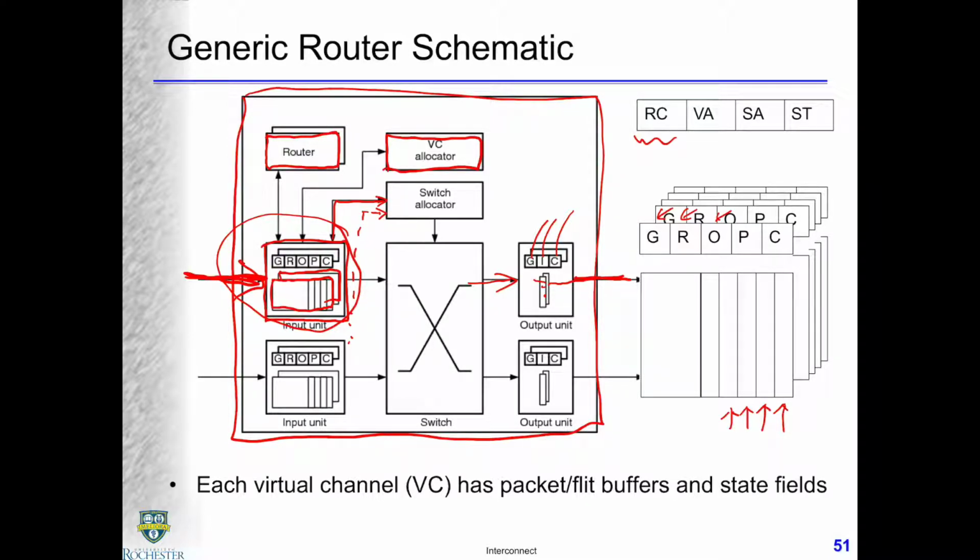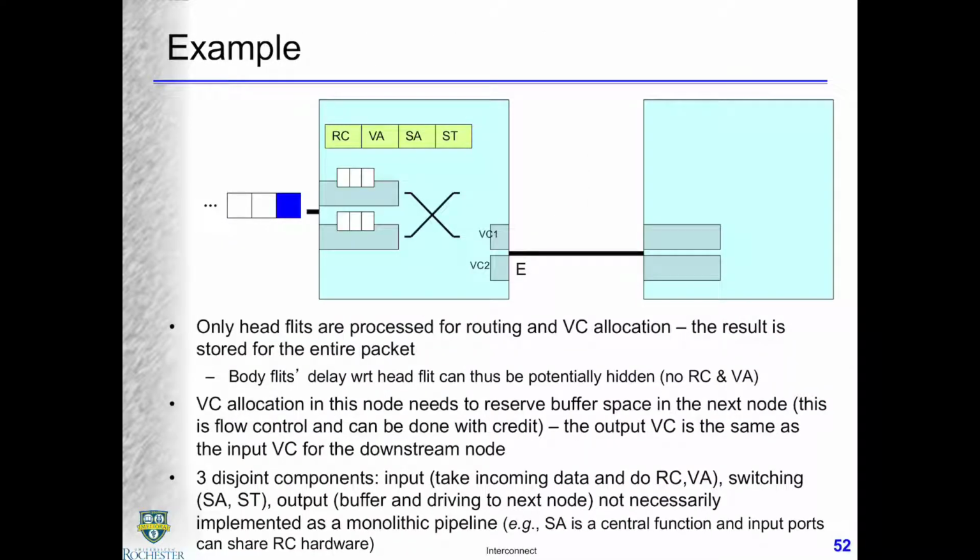Okay. Now let's look at a little bit of cartoon, and let's say I have a packet. The header is shown here in blue, and then some body flits come in. This is already traveling on the wire, so we're looking at this node. Let's say in one cycle it arrives, and therefore it will be buffered into, here's the buffer over here, and this is some of the relevant state that we're going to look at.